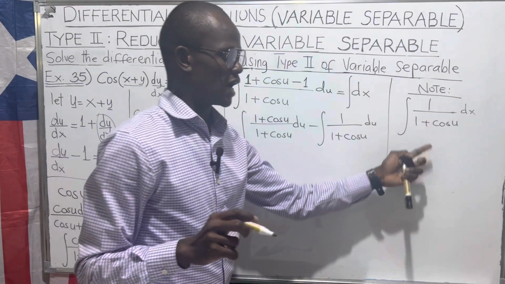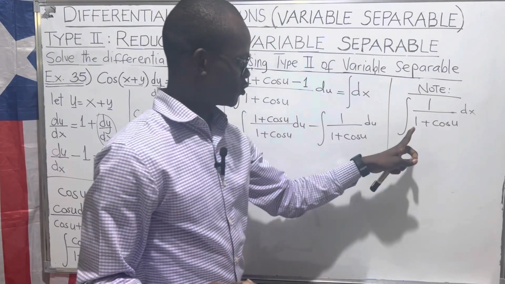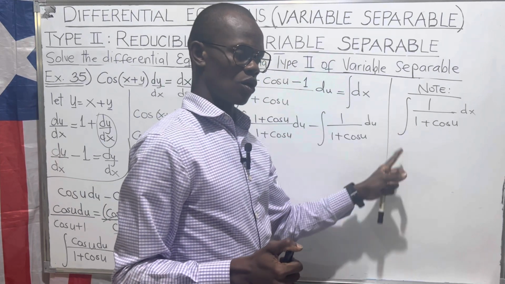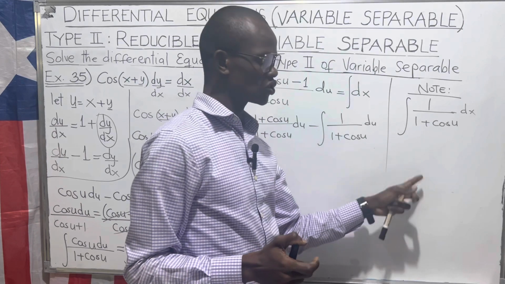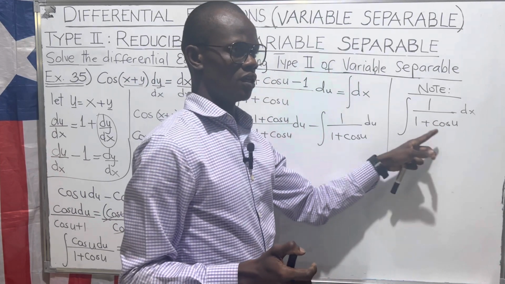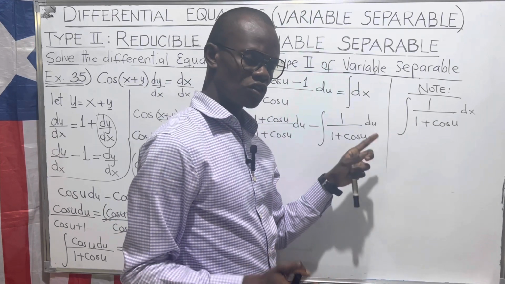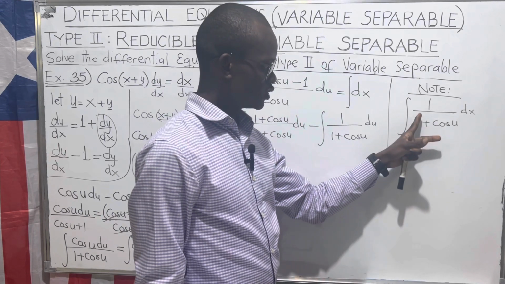We solved this by using the half angle identity. So we replace this 1 with cos square u over 2 plus sin square u over 2. And we also brought in cos of u, which is cos square u over 2 minus sin square u over 2.